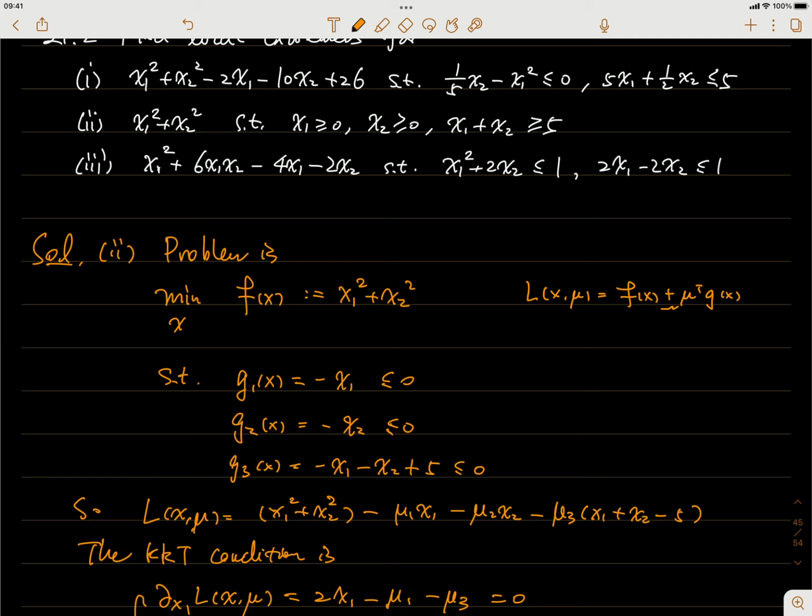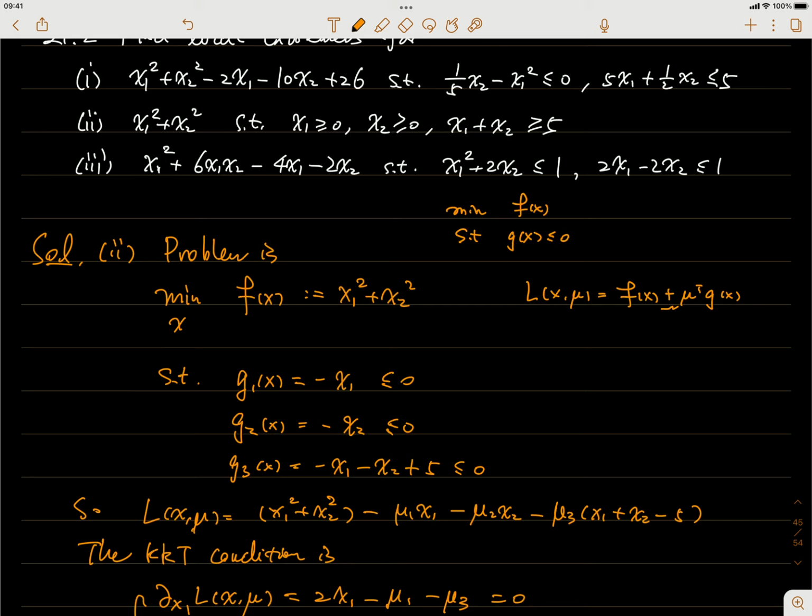If you change g of x to be greater than or equal to 0, then you should also change mu to be less than or equal to 0, and then you can keep this positive sign. But this can easily confuse you in the future. So I highly recommend that you always write things like minimizing f of x subject to g of x less than or equal to 0.